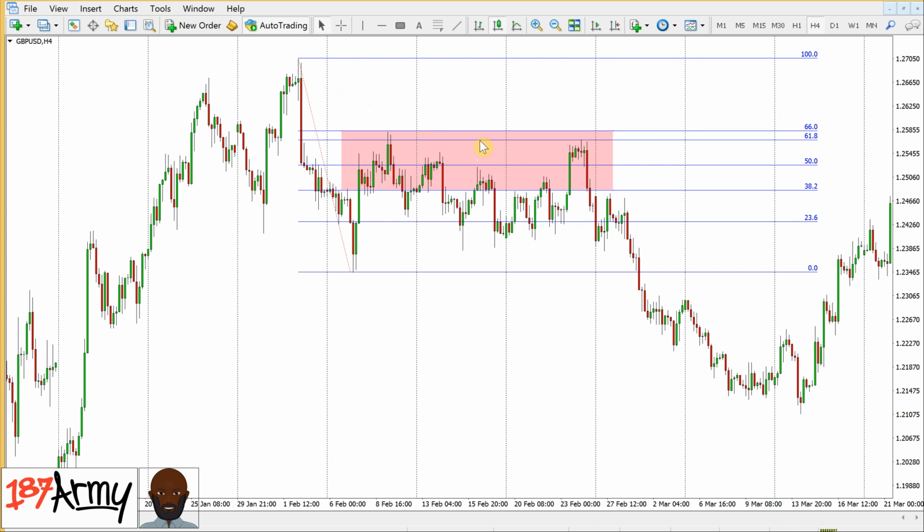But as you can see, if you was using the previous Fibonacci rules, you just look at price between the 38.2 and the 61.8. But again, due to my experience over the years, 7 years, the 66.0 level is far better than the 61.8 level.